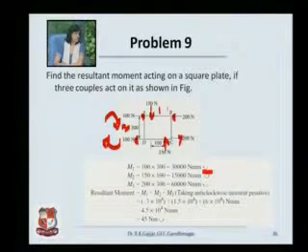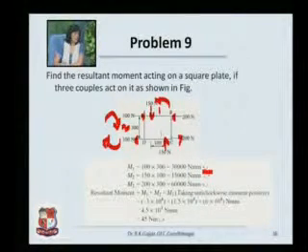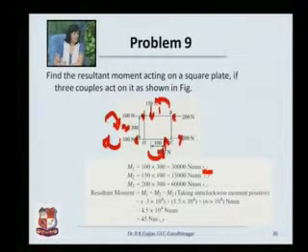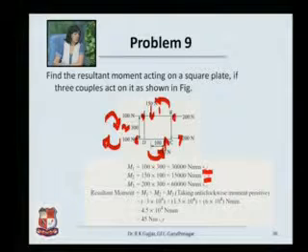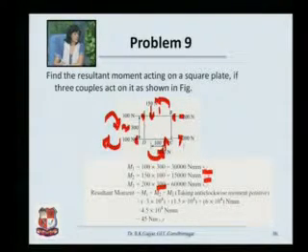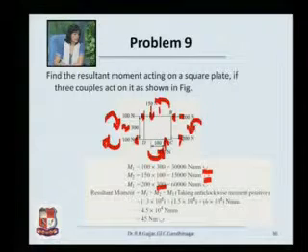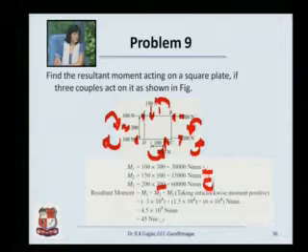It is going to rotate the body in the anti-clockwise direction. The third couple, 200 into once again 300, 60,000. Direction is going to be clockwise.